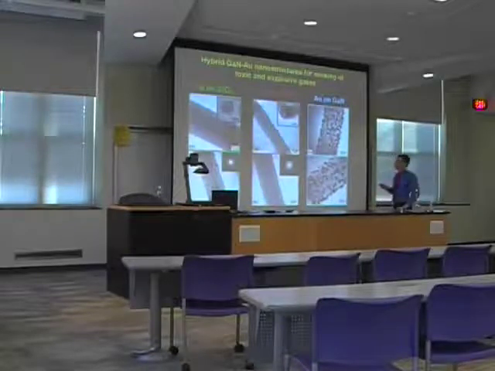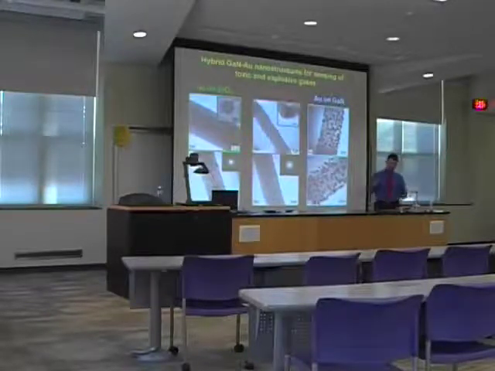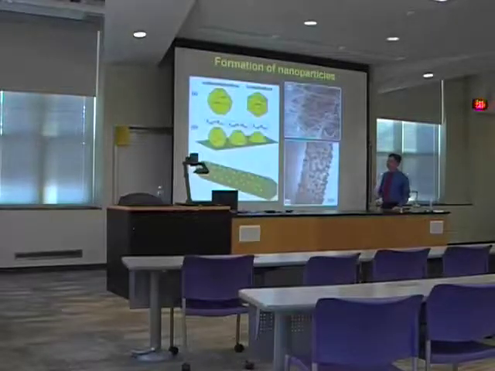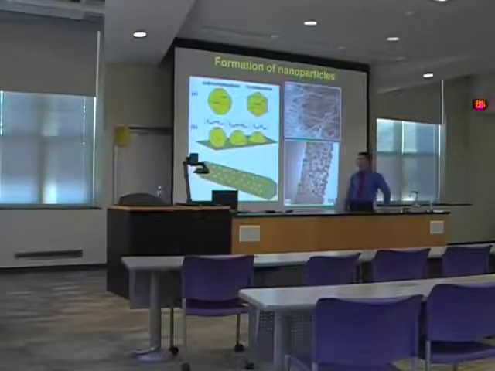And those nanostructures, gold nanoparticles, grow from gold plasma in a hot environment. And these are some brief models of how gold nanoparticles grow.